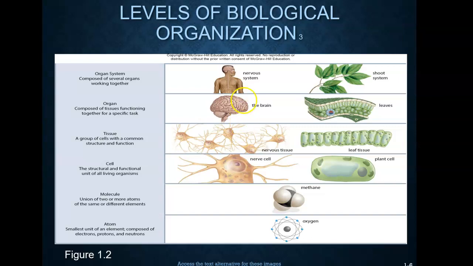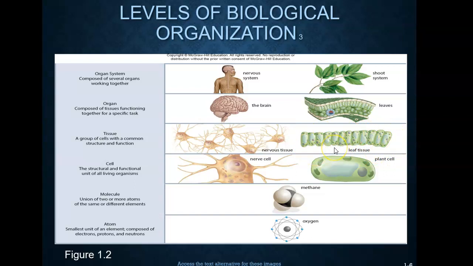When you group cells that have a common structure and common function, you form tissue. On the left here, you see nervous tissue, and on the right, if you're facing the screen, you see leaf tissue.